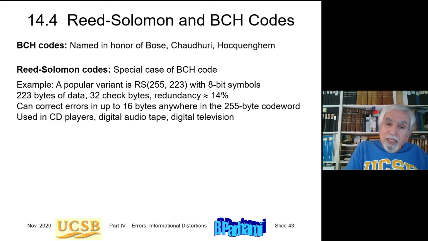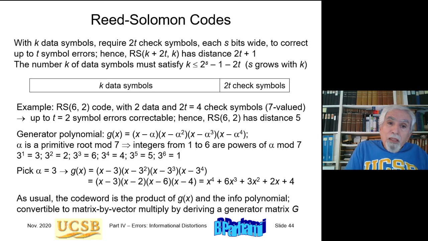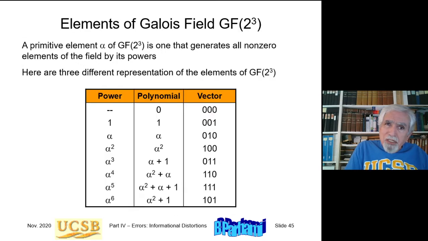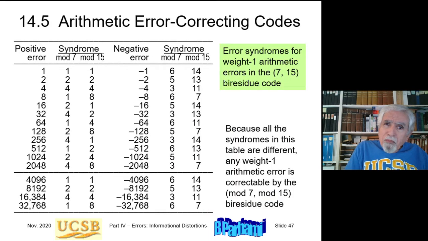So there are many, many codes. So I'm going to skip a more detailed discussion of Reed-Solomon codes in terms of Galois fields, and then move to arithmetic error correcting codes.